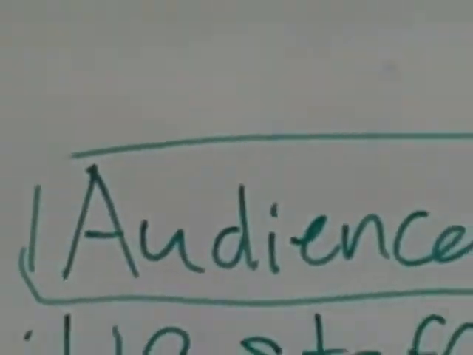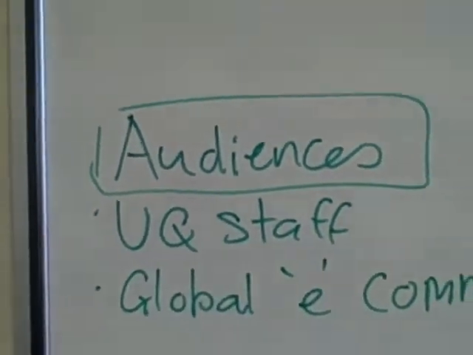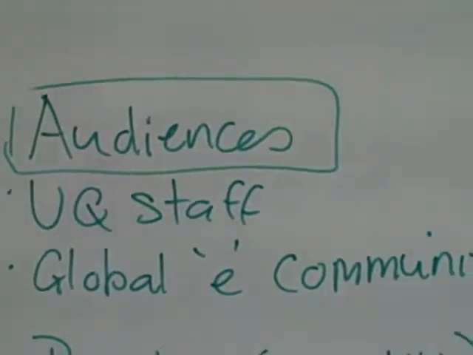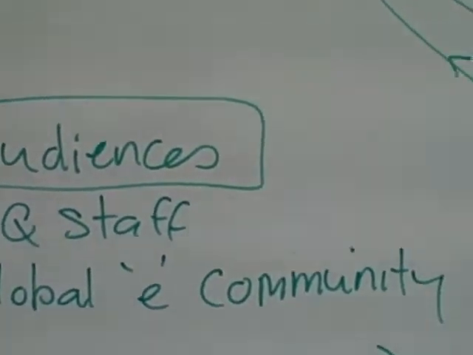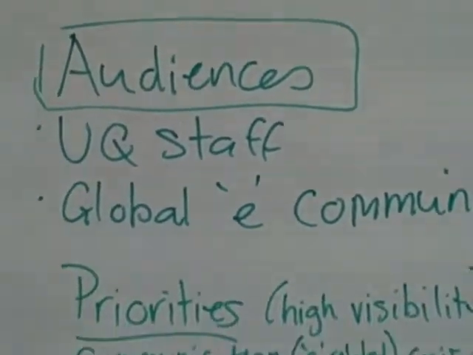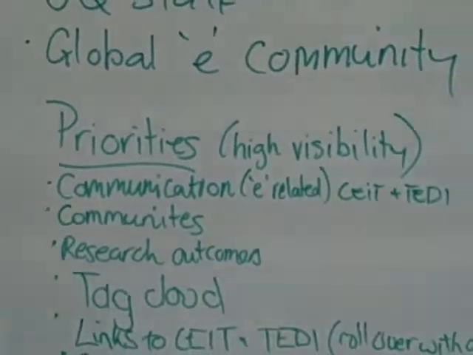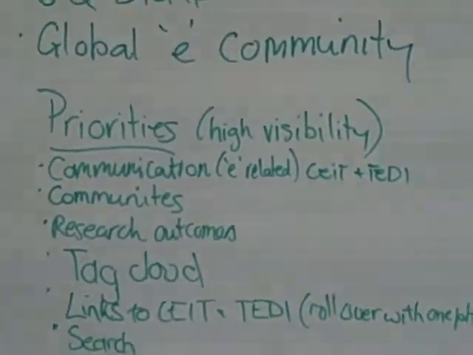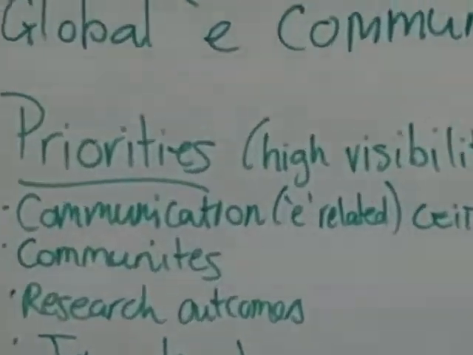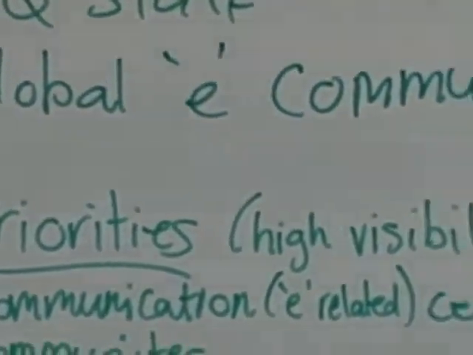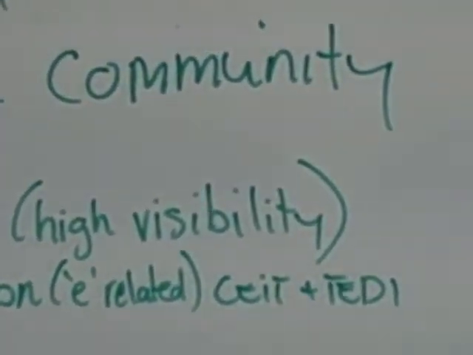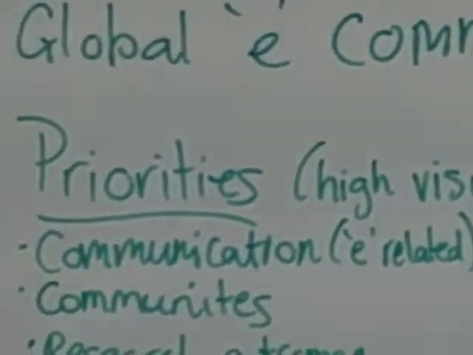Now going across over here, we talked about who our audiences are, and we felt that our main audiences were UQ staff and the global e-community. So then we wanted to think about what our priorities are for high visibility on the site. Obviously communication that is e-related for CEIT and TEDI is a high priority.